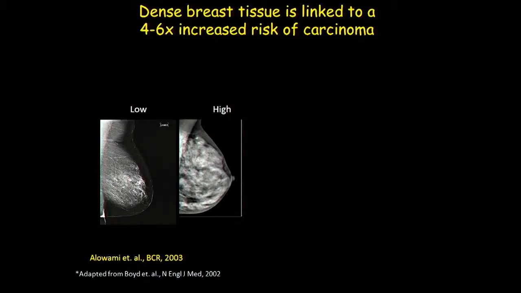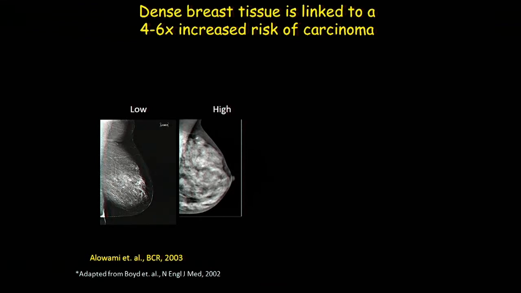All right, so our story links to a very common finding, which is that dense breast tissue is linked to a huge increased risk of developing breast carcinoma. In fact, other than being a woman, this is the single largest risk factor for developing breast cancer. And here's an example of low and high mammographic density.